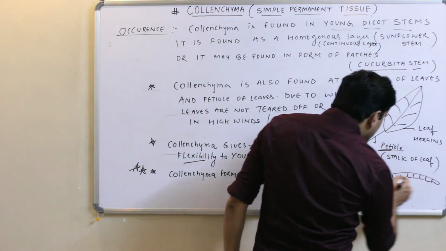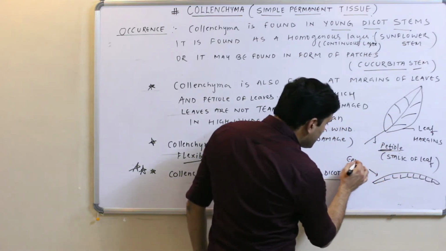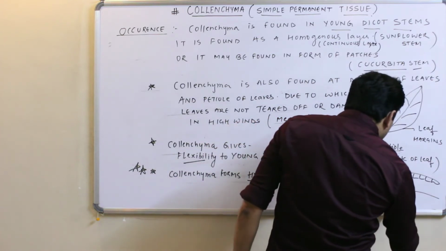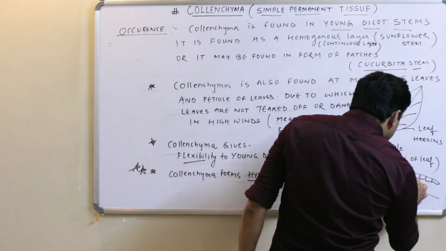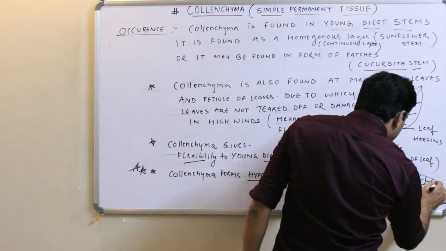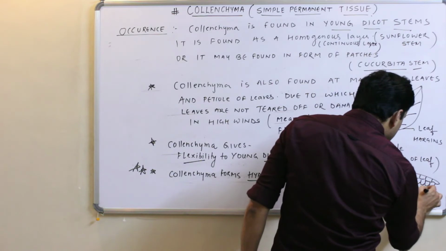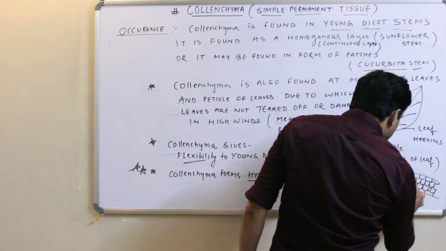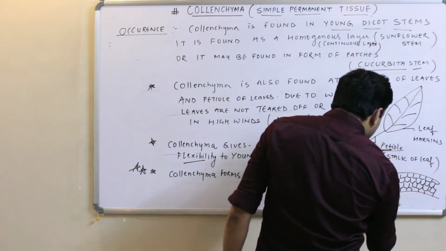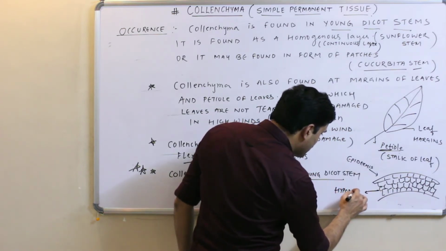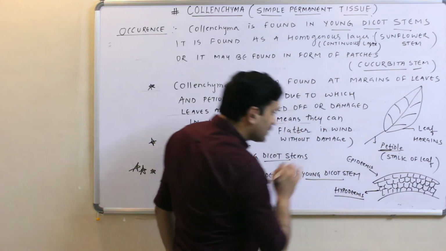Now you know very well, you have studied, that this is the epidermis, the outermost layer. And just below the epidermis is the hypodermis. Are you getting? So I am marking the hypodermis here.